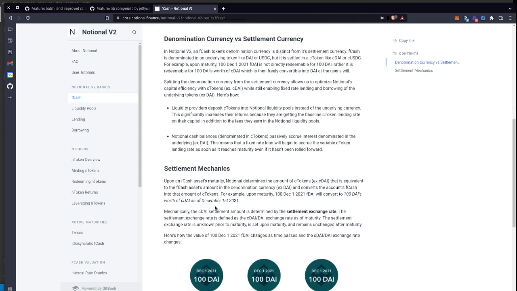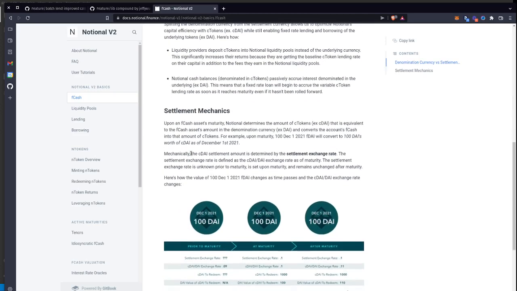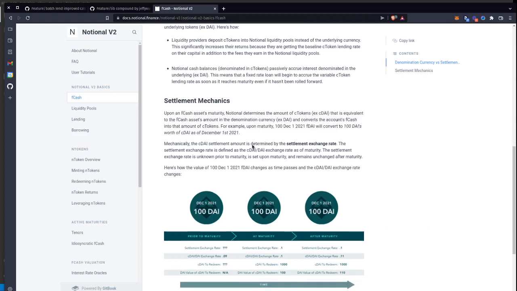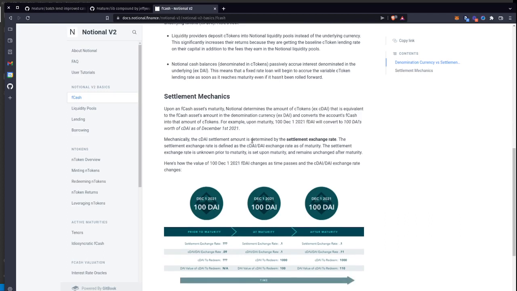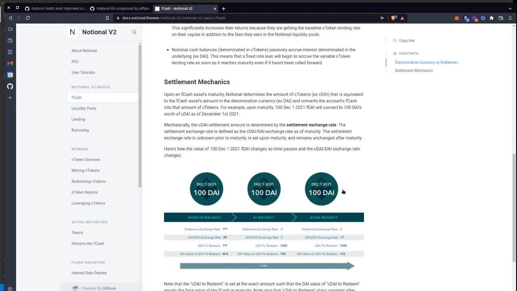When fCash settles, it settles to a money market token like cDAI or aDAI. In Notional right now, we use cDAI. What that means is once the fDAI matures, we store a settlement exchange rate between DAI and cDAI inside of Notional that happens globally for all fCash of a particular maturity.